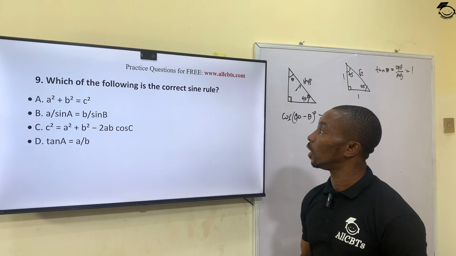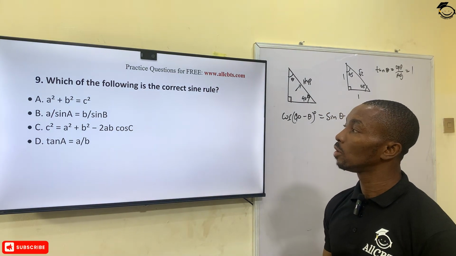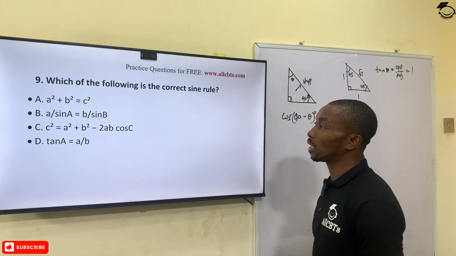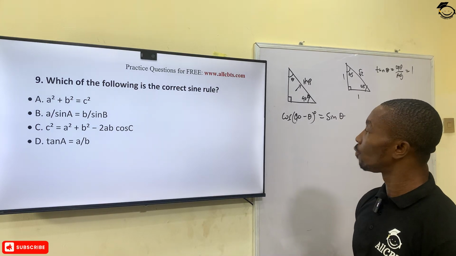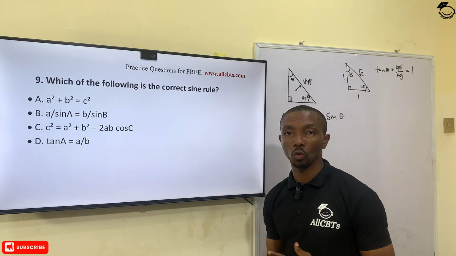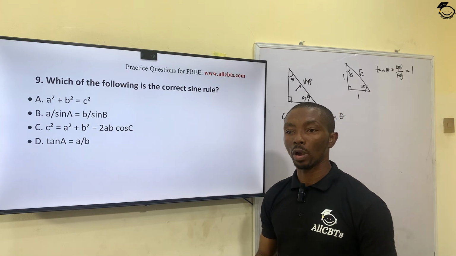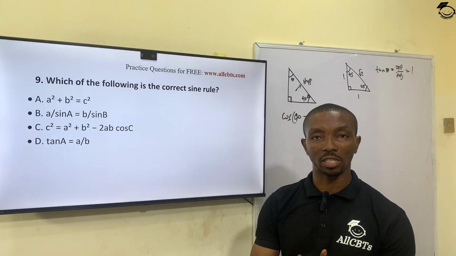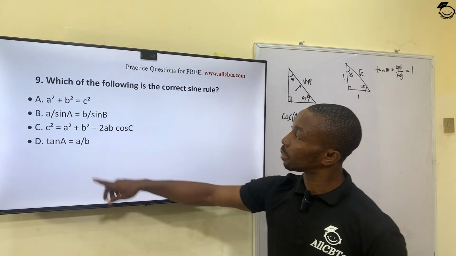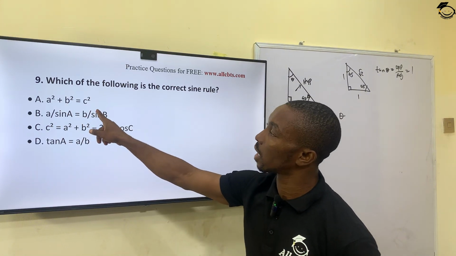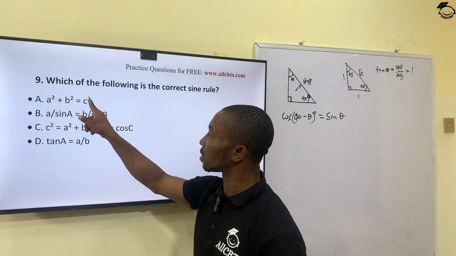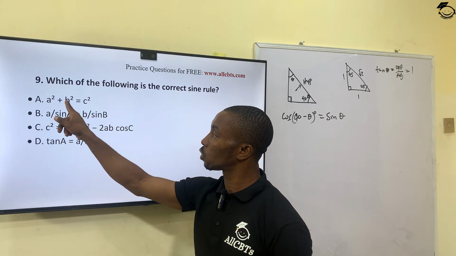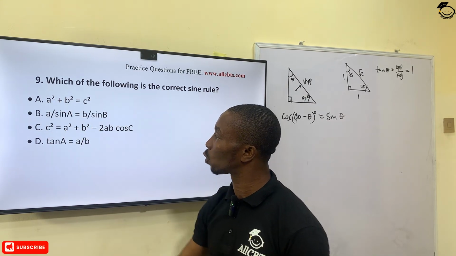Which of the following is the correct sine rule? We've learned 3 rules. We have the sine rule, the cosine rule, and the Pythagoras rule. Our option A represents the Pythagoras rule, where hypotenuse squared equals opposite squared plus adjacent squared.